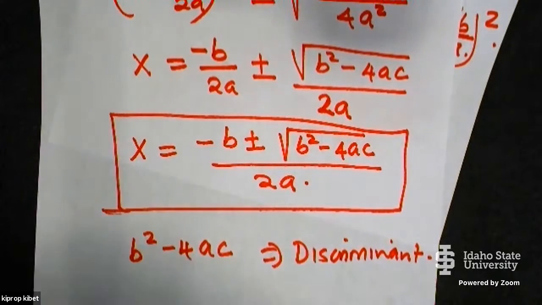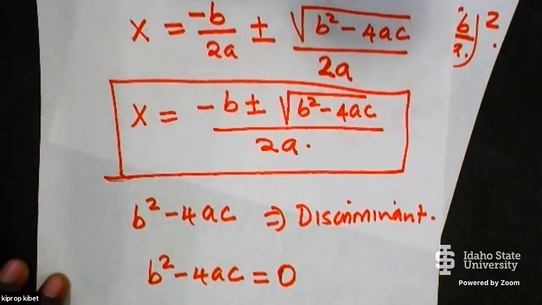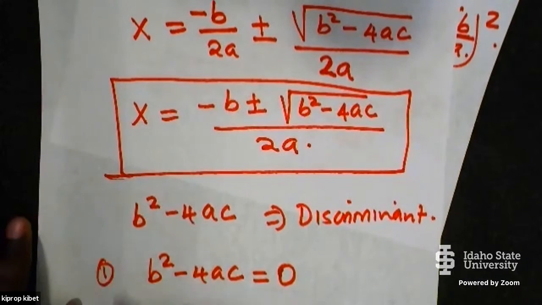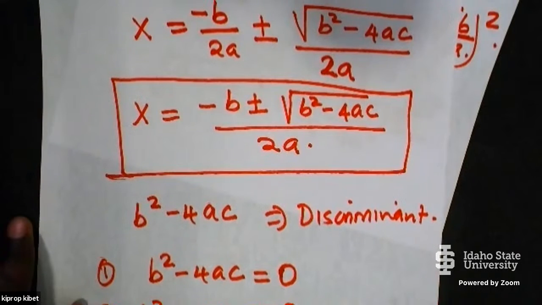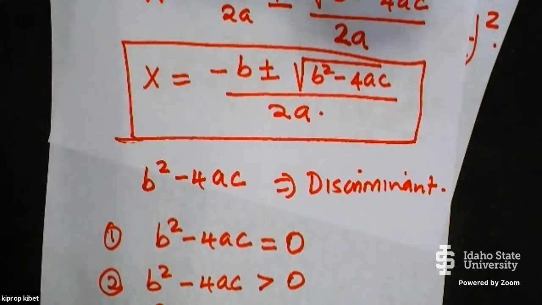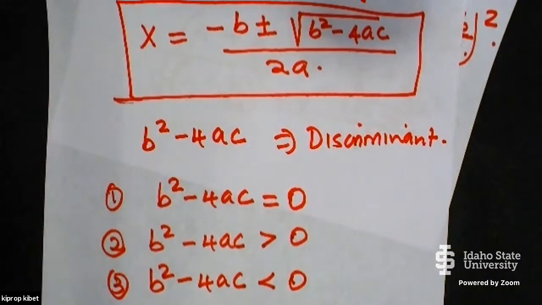There are three cases. One, b squared minus 4ac equals 0. Number two, b squared minus 4ac is greater than 0. And number three, b squared minus 4ac is less than 0.